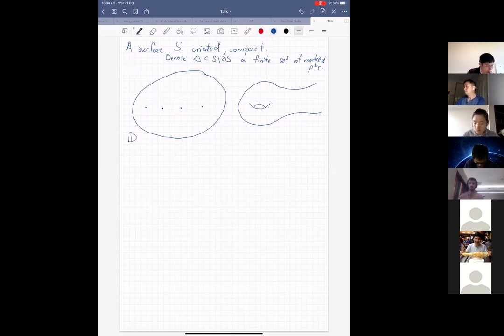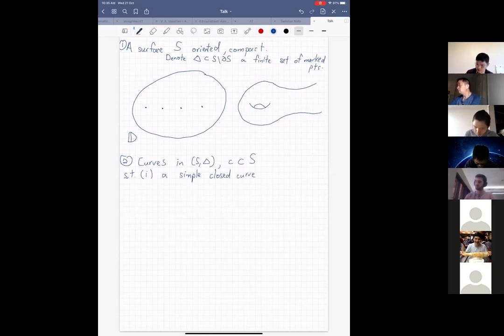And then, okay, so next we want to discuss what is a curve. So a curve in your surface is a subset of points such that it is either a simple closed curve. Closed curve means it starts and ends at the same point. Simple means it doesn't intersect itself. So let's draw a picture here.